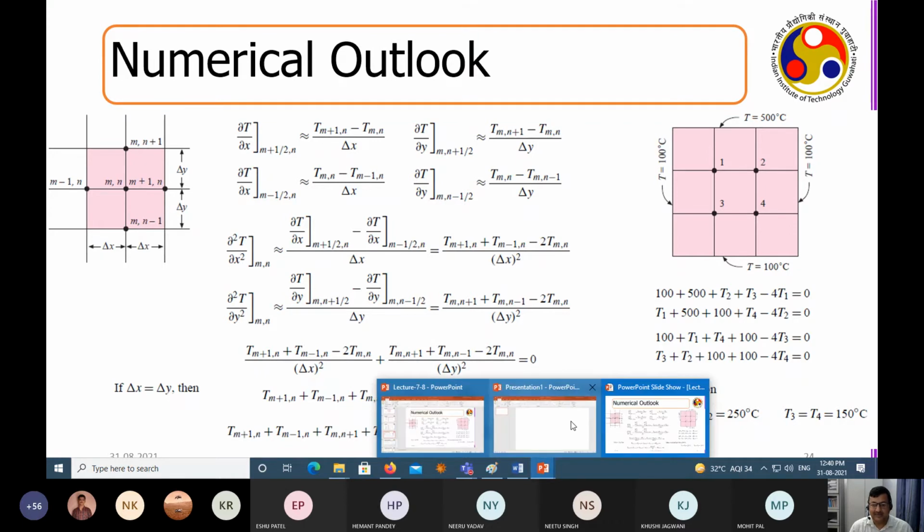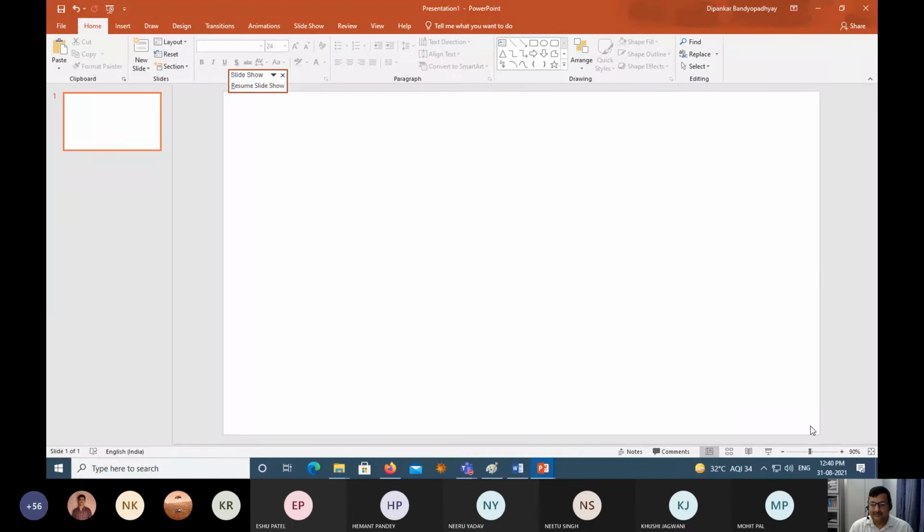Now, say suppose I have a Laplace equation which is del square t by del x square plus del square t by del y square equal to 0. For a particular point, I can write this equation approximately as what? Can somebody prompt me? What should I write here?